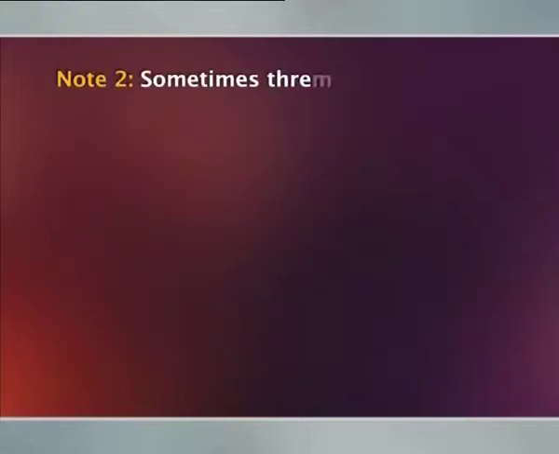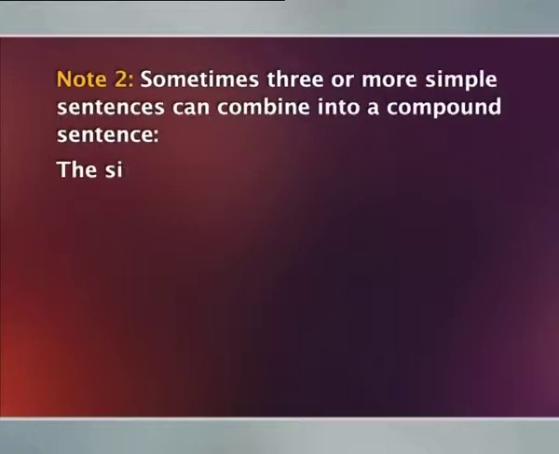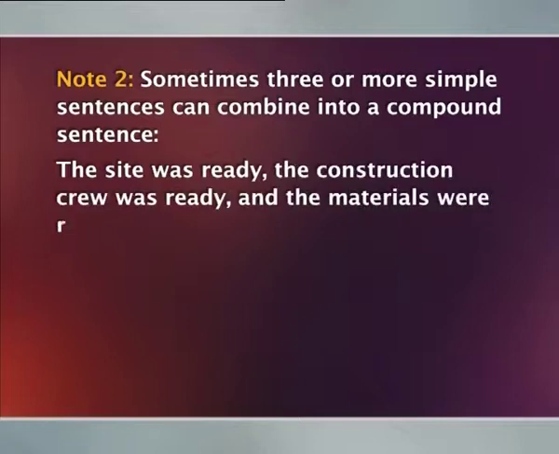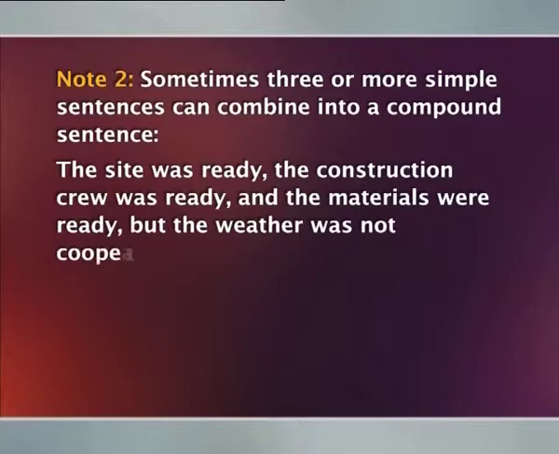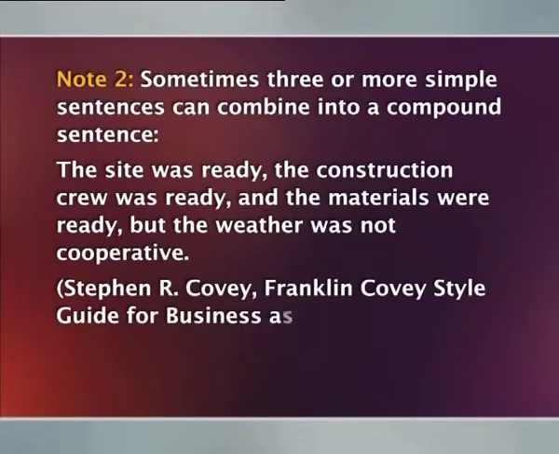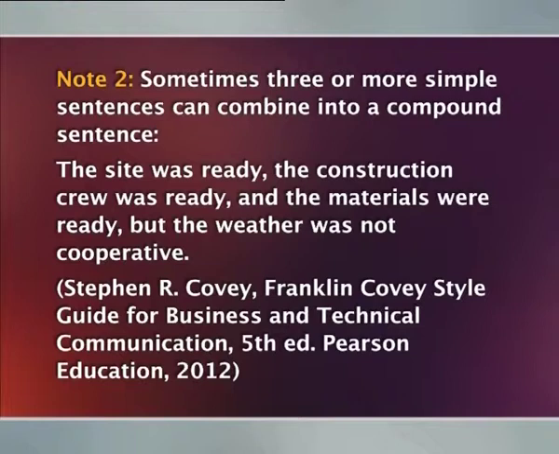Note 2. Sometimes three or more simple sentences can combine into a compound sentence. The site was ready, the construction crew was ready, and the materials were ready, but the weather was not cooperative. Stephen R. Covey, Franklin Covey Style, Guide for Business and Technical Communication, 5th edition, Pearson Education, 2012.